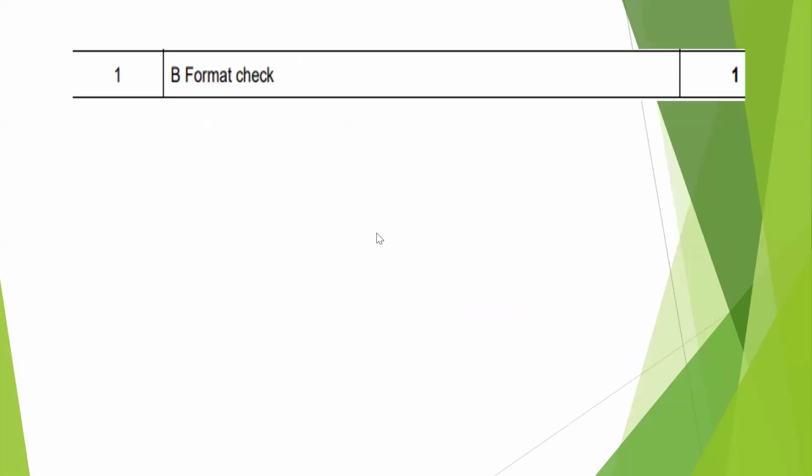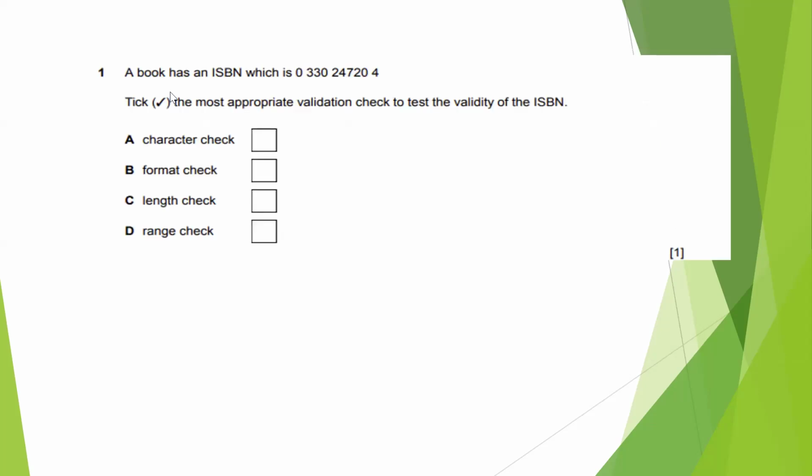I would say range. It says format check. A book has an ISBN which is 033. This is the form; basically it has to follow this number. Take the most applicable validation check to test the validity of the ISBN. So it should be format check.